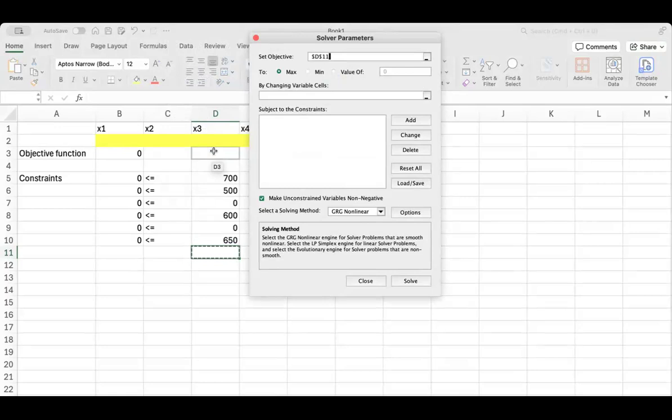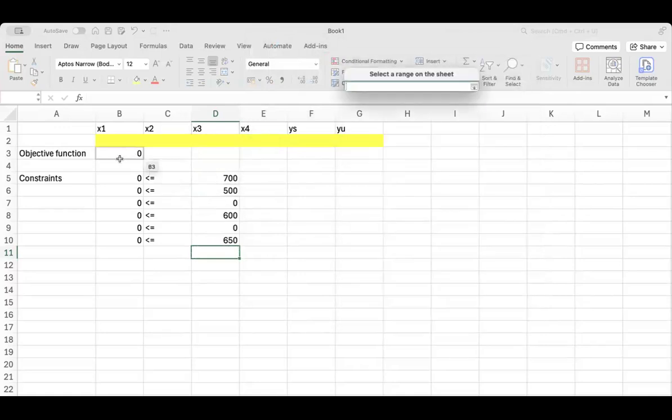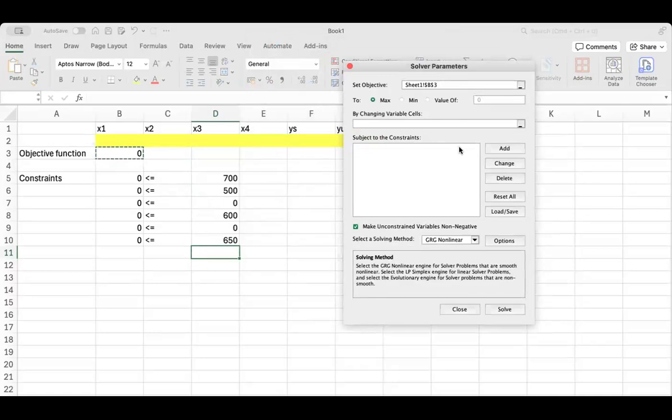And for set objective, you select the objective function cell, which is B3.